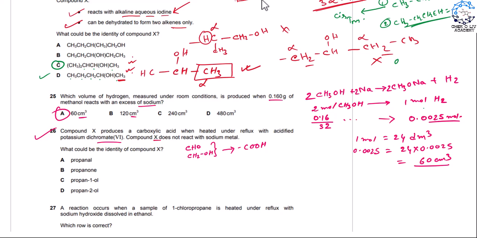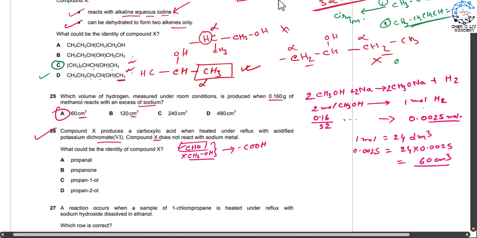Compound X does not react with sodium metal, which means it does not have an OH group, right? An OH group can react with sodium, but a CHO group cannot. So that means definitely it's a CHO group.